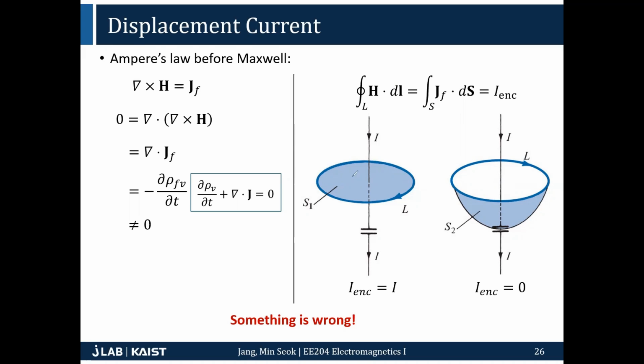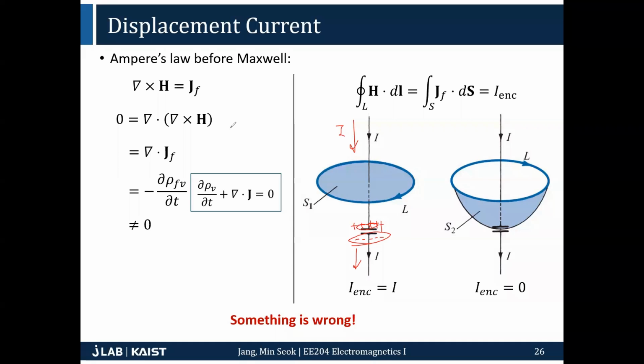Let's assume current I is flowing, which means positive charges pile up on the upper plate of the capacitor and negative charges pile up on the opposite side, and the current keeps flowing. As time goes by, the amount of positive and negative charge keeps increasing, right? So this is the situation.